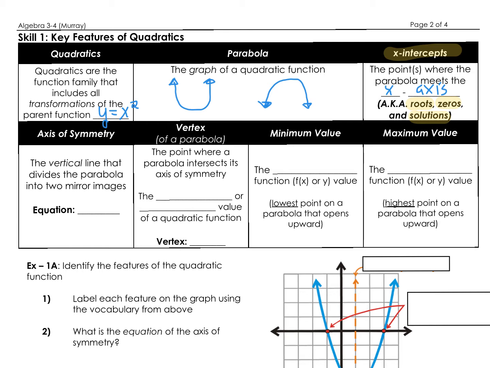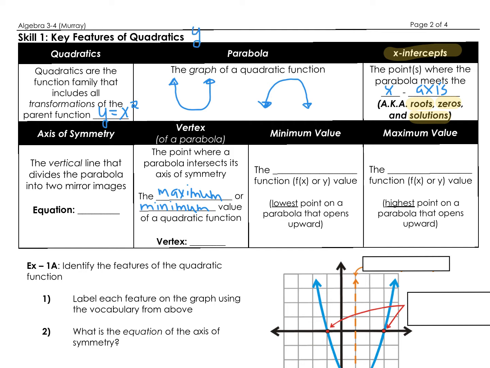So the vertex is the maximum or minimum value of a quadratic function. And your vertex, let's go all the way back to what we have been using with all of our parent functions, no matter what the parent function is.